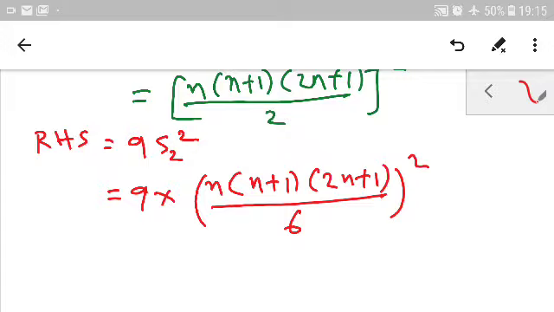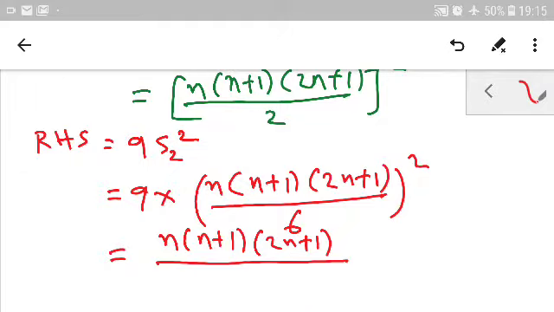Is that clear? Now it is equal to n into n plus 1 into 2n plus 1 divided by, here 6 square is 36, so it will be 4, so it will be 2 whole square.